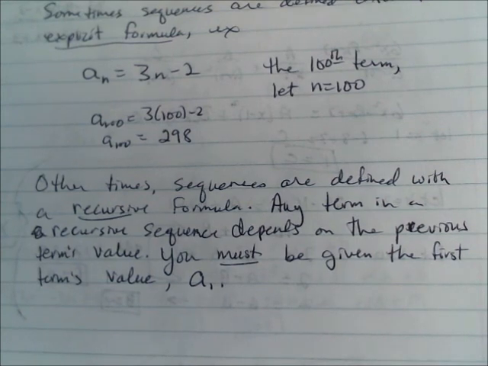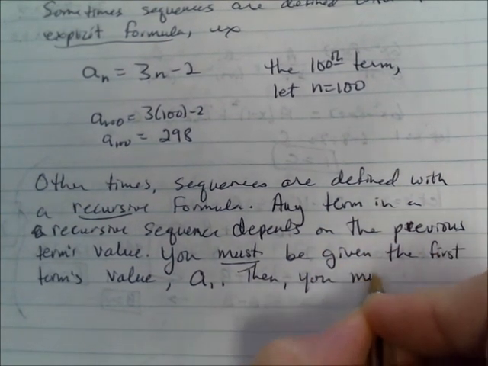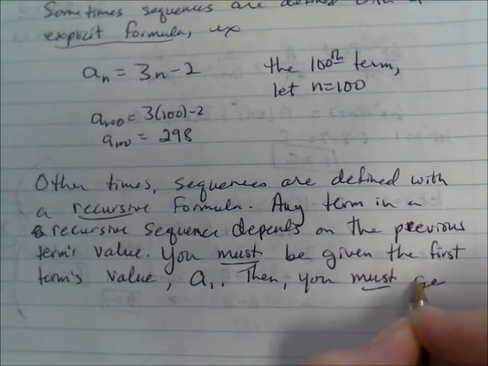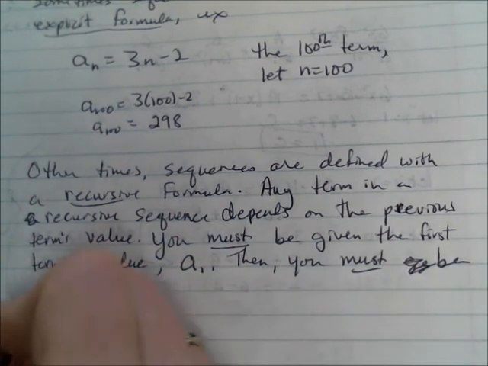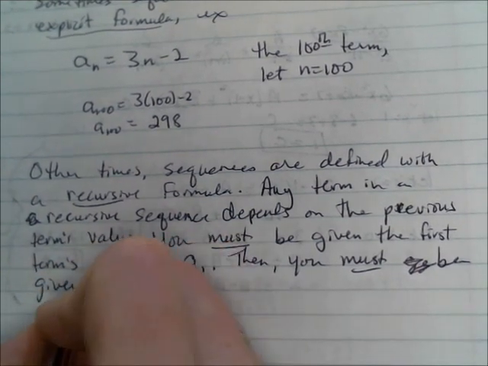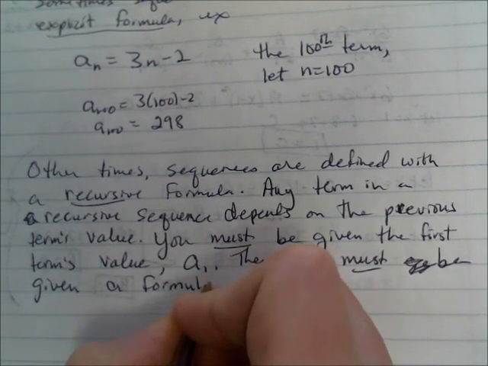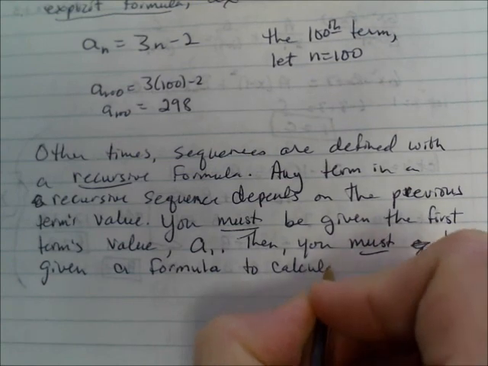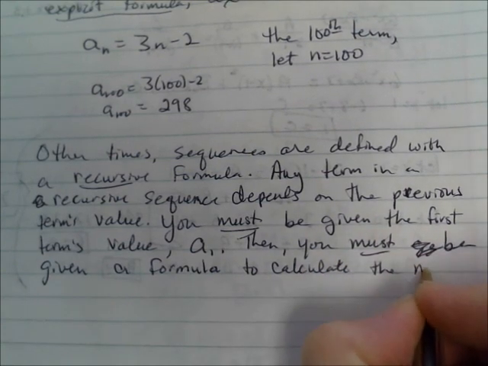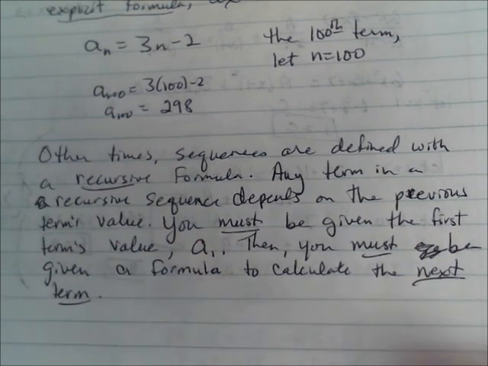Then you must be given a formula, some kind of a formula, to calculate the next term. All right?